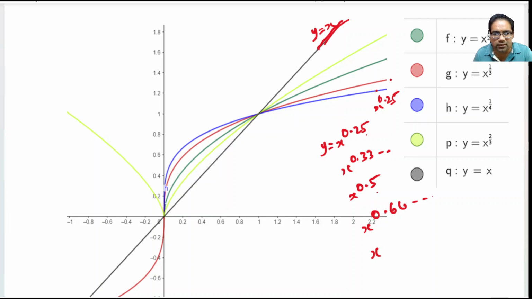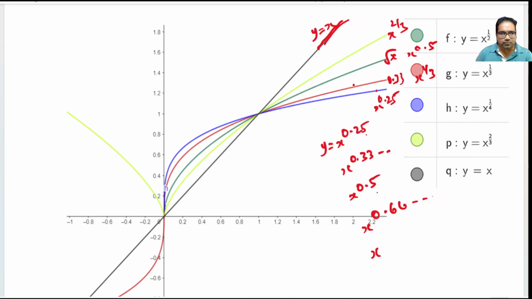Right. Then x power 0.33, this is x power 1 by 3. Then root x, that means x power 0.5. Then x power 2 by 3. And this is y equal to x.